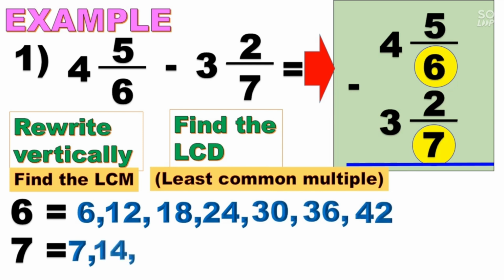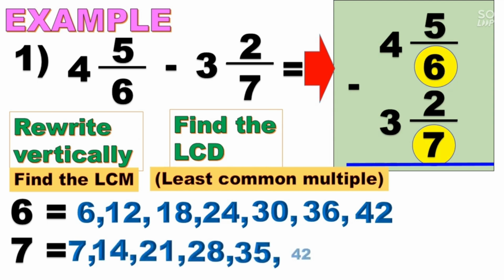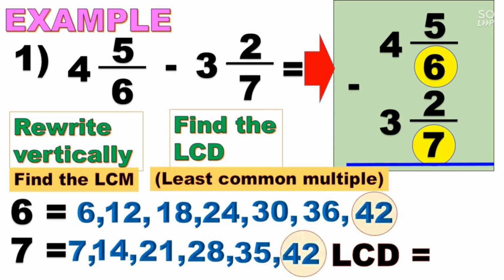Multiple of 7, we have 7, 14, 21, 28, 35, and 42. To find the LCD, pipiliin natin kung saan yung common multiple nila, yung pinakamalapit na common multiple, which is 42. Okay, so yung 42 na yan yung gagawin nating least common denominator or LCD. Okay, let's proceed.